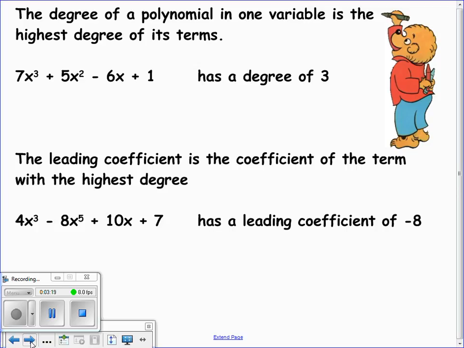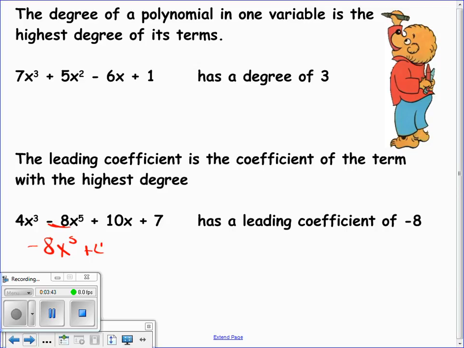Does the order this is written in bother anybody? It's not in the right order, right? 8x to the 5th, and then plus, that minus is attached here. So it should be negative 8x to the 5th. This goes with this.